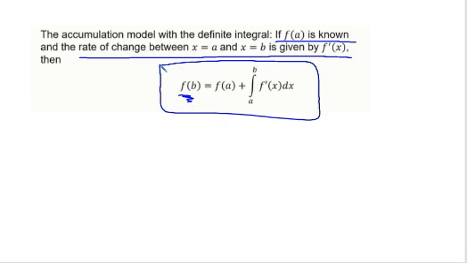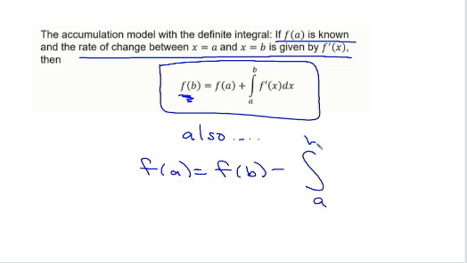But also note that if I subtracted the integral from both sides, I could have that f of a is equal to f of b minus the integral of the derivative of f, that is. So the best way to see this in action is to do an example. Let's go ahead and look at one.